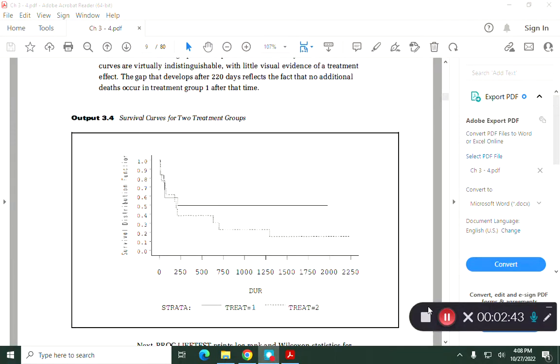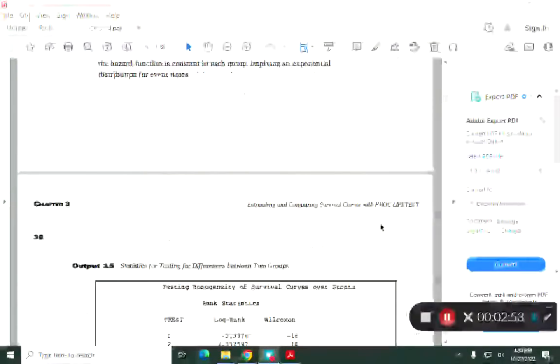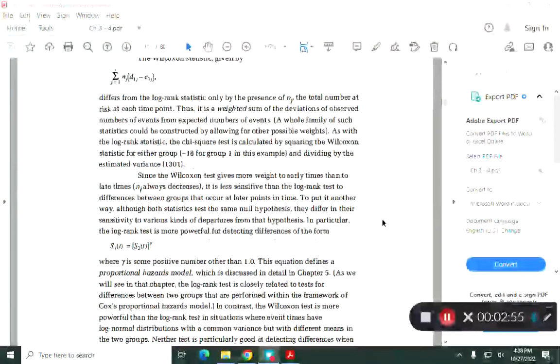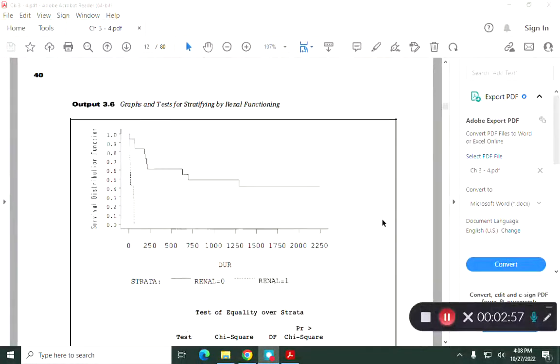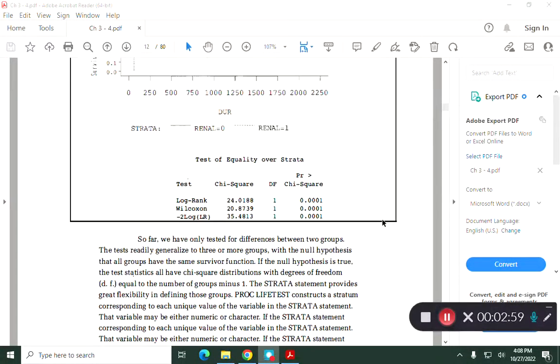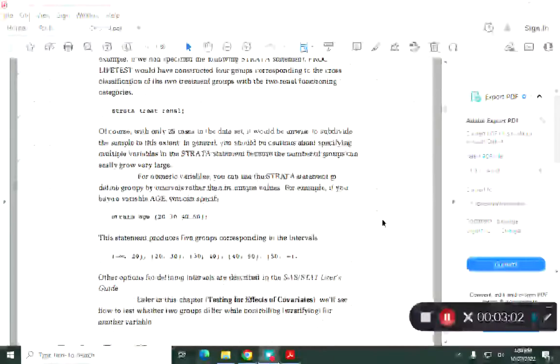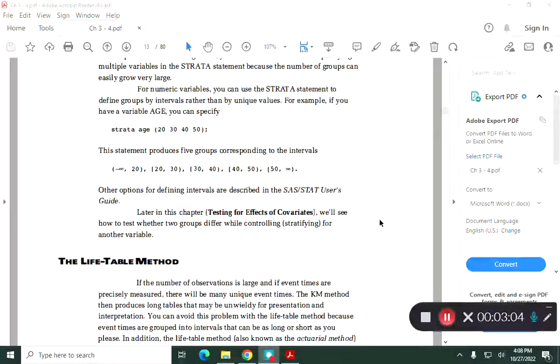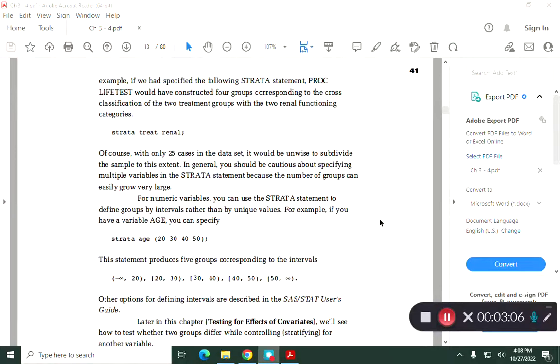You can use PROC LIFETEST, kind of like a non-parametric approach, just look at it. And when you look at it, there are two things you should know. One is the straight line. Whenever you see a straight line, you know that the distribution is more likely to be the useful one.